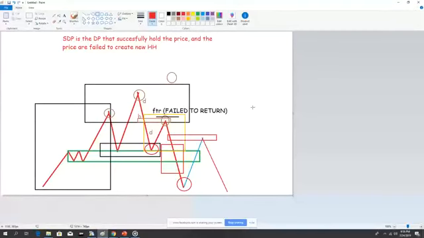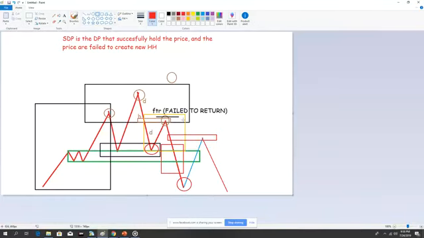So for the SDP, anything that holds the price, anything that holds the higher high, will be much more valid to do an entry. I repeat, if there is any SDP, most probably there is a higher possibility that the SGB is valid.